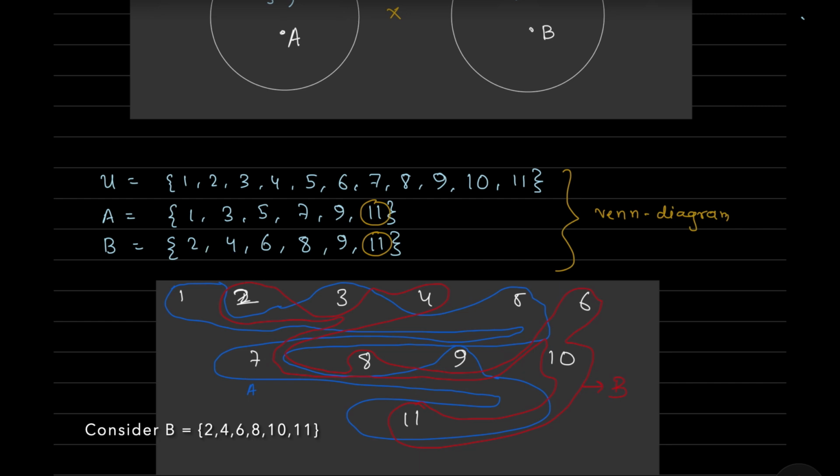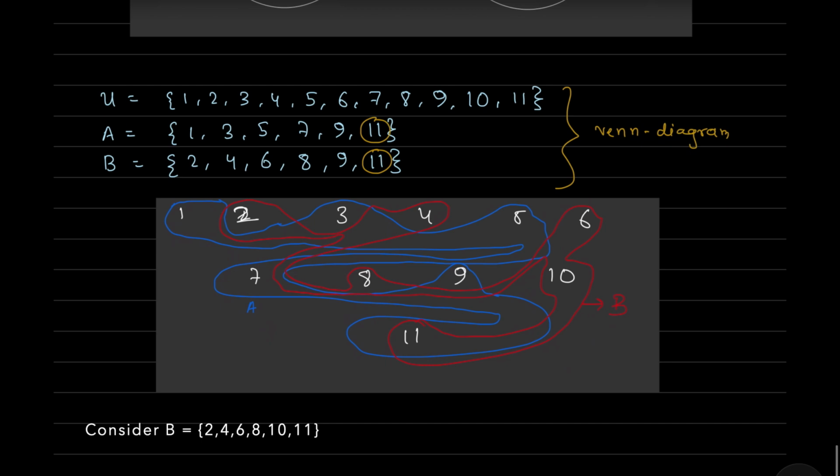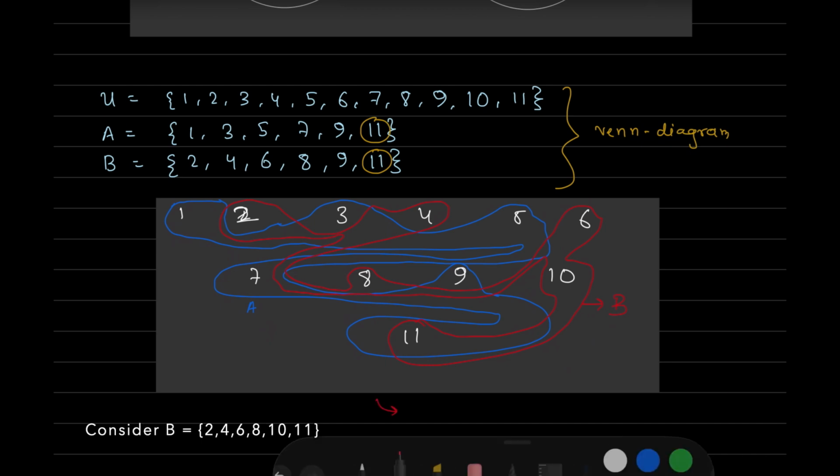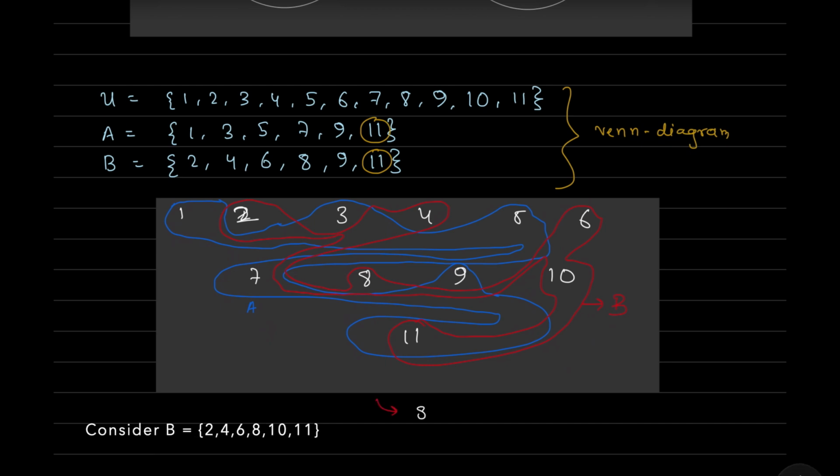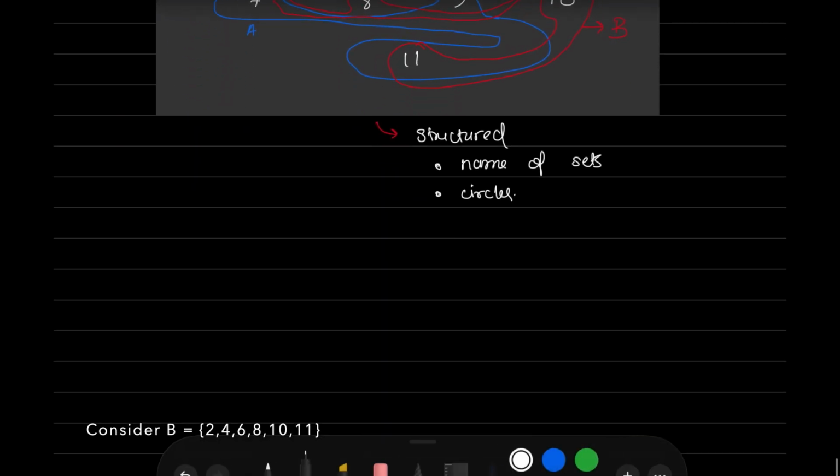So what we will do, we will try to make it a bit more structured, same as before. How? We will use the names of sets and we will use circles. Alright, now how will we do that?